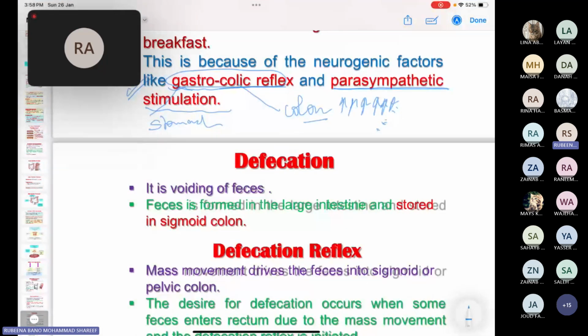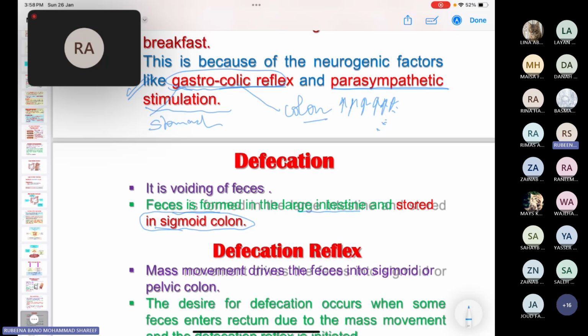Okay, defecation is nothing but voiding of feces. Feces is formed in the large intestine and it is stored in the sigmoid colon. See, storage occurs in the sigmoid colon, right? Always remember. And your rectum is empty until you want to defecate, right?